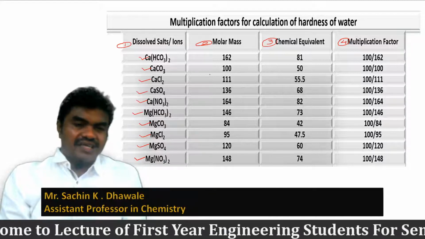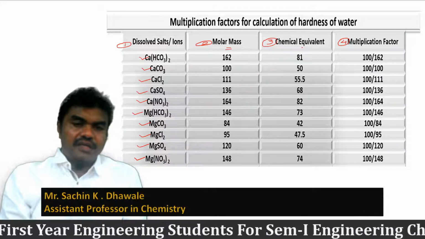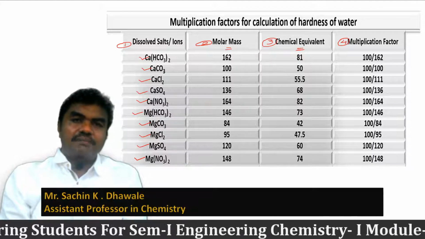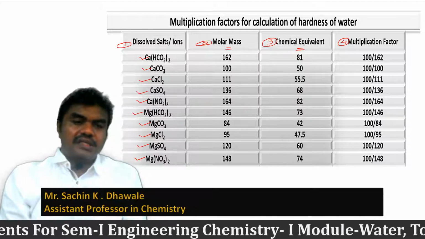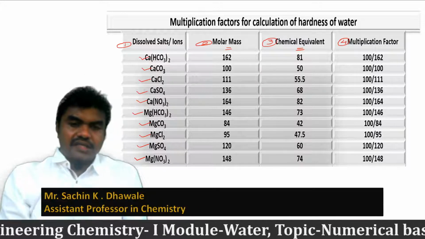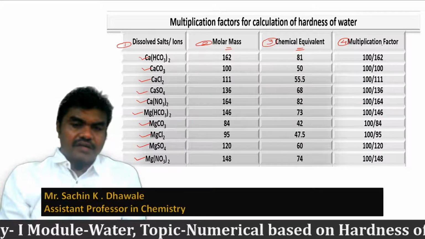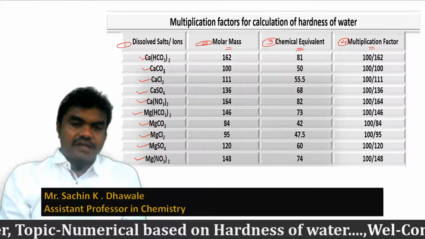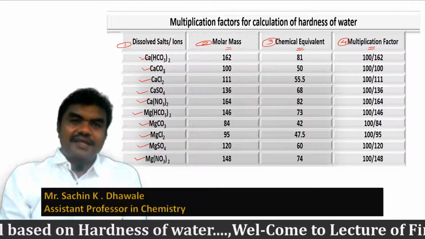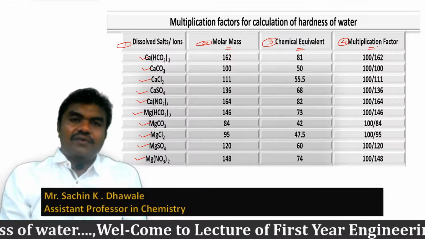Then molar mass, that is the molecular weight of that salt, and chemical equivalent. In that table, the most important parts are the first column, the dissolved salt, and the last, the multiplication factor. By using that multiplication factor, we can easily calculate the hardness of a given water sample.